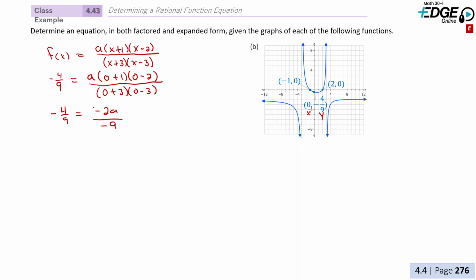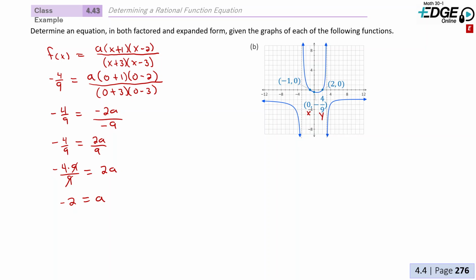Just so we don't confuse ourselves with the negatives here, let's drop the negatives on the right. So this is negative 4 over 9 is equal to 2a over 9. Multiply both sides by 9. We get negative 4 times 9 over 9, so those cancel, is equal to 2a. Divide both sides by 2. We get negative 2 is equal to a.